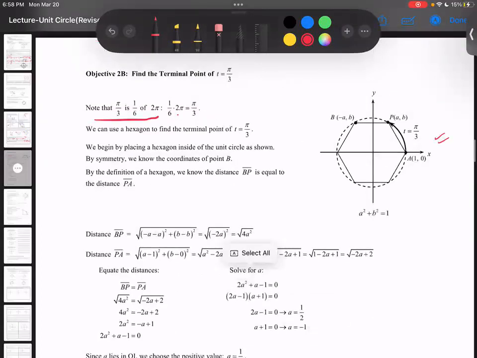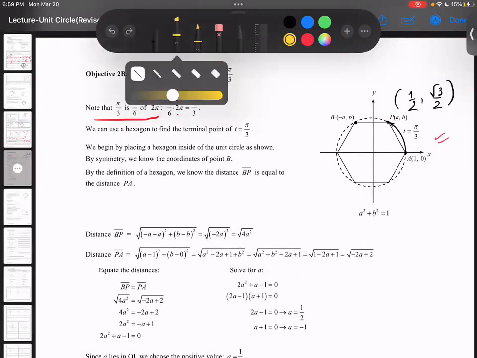If you remember this from high school, the point for t equal pi over 3 has x equal 1/2 and y equal √3/2. We kind of remember it, right? But how do we come up with that?